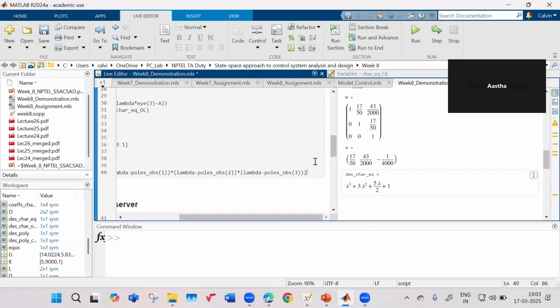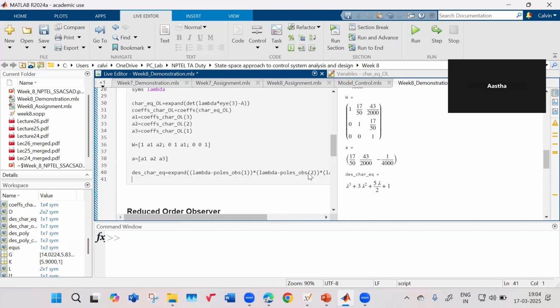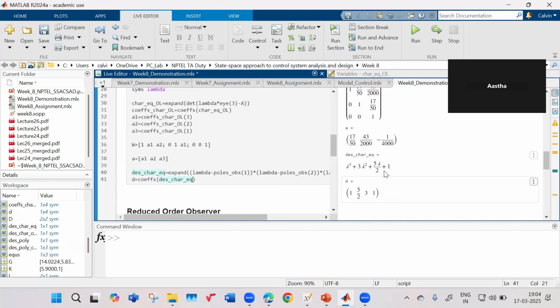Now we have to find out from this our D. So our D is the coefficients of this desired characteristic equation. Let us check our D. What our D comes out to be: 1, 5 by 2, 3, and 1. Okay, we don't want the last one. So D all is this.